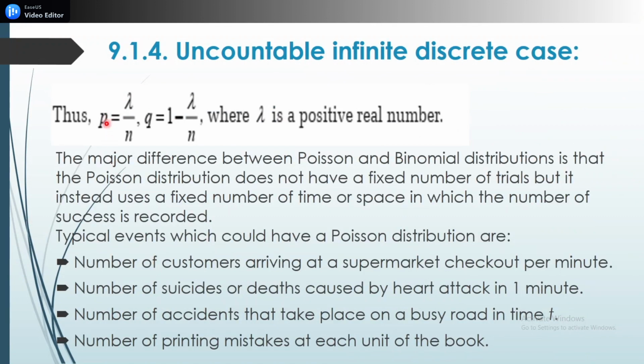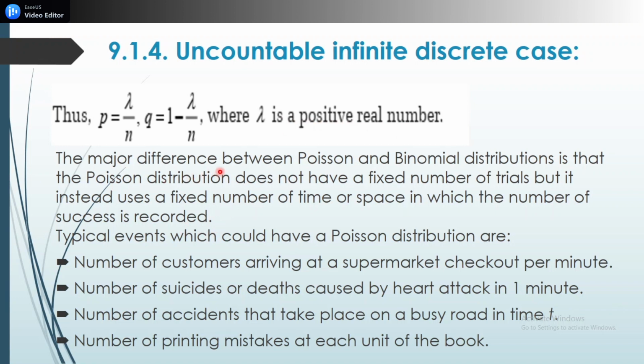So the probability of success is equal to lambda, or the mean, over n. The probability of failure is equal to one minus the probability of success, where r is a positive real number.